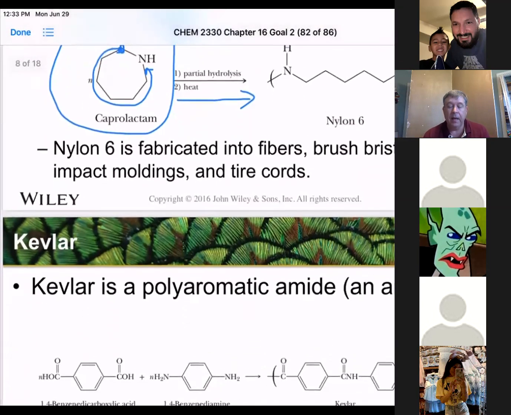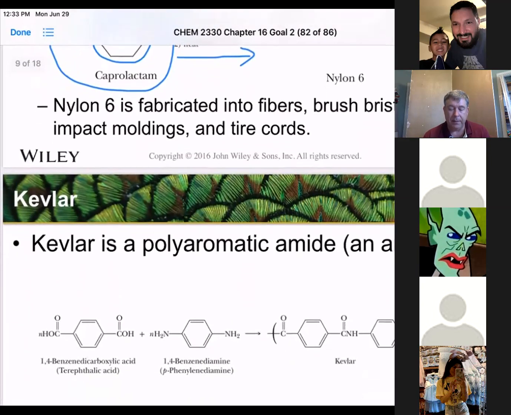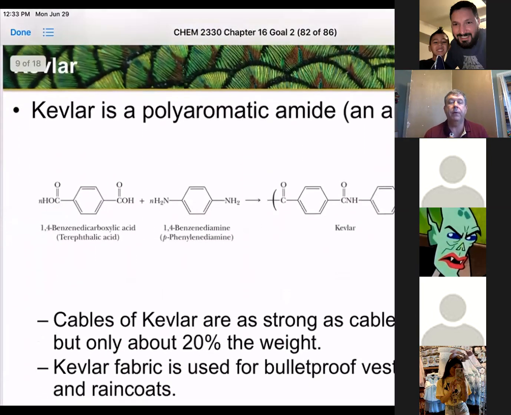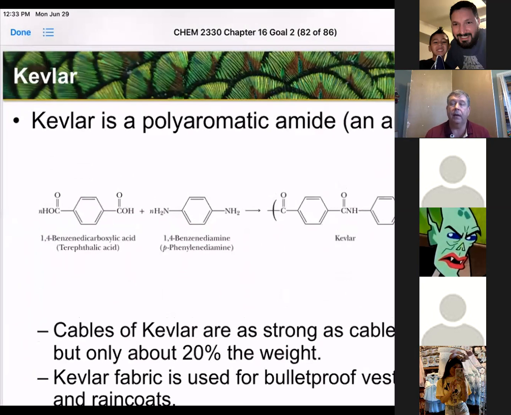Okay. Another type of polyamide can be made with benzene derivatives instead of those flexible saturated carbon chains. And when we do that, we call them aromatic amides, or aramids is the short name. Because we have now lost the flexibility of our 6 carbon chains, these things become very, very strong.